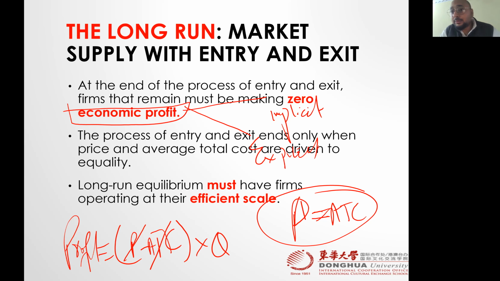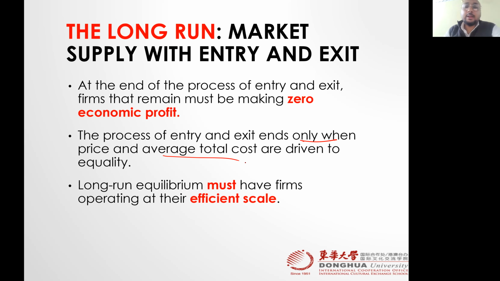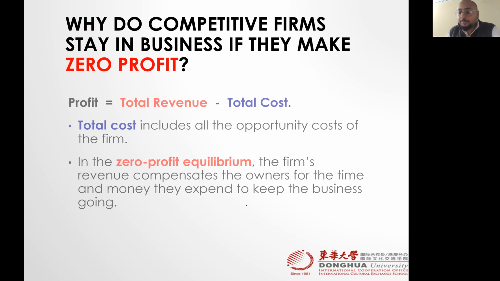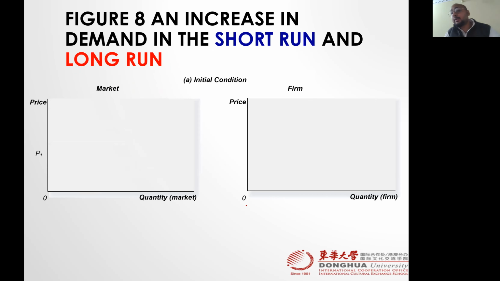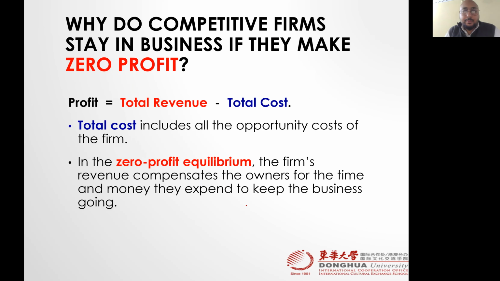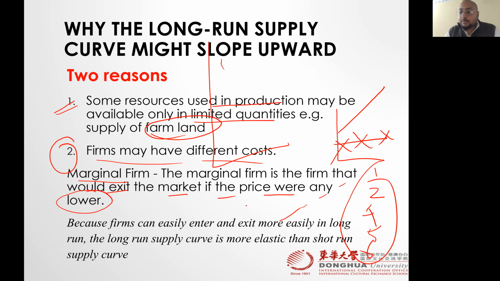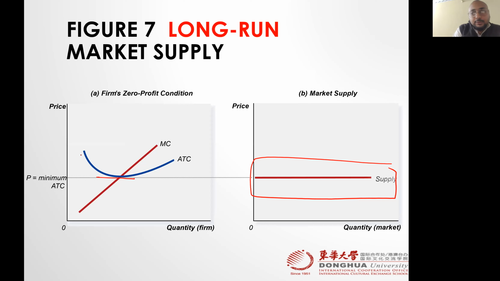All right. So the process of entry and exit ends only when price and average total cost are driven to equality. So long run equilibrium must have firms operating at efficient scale. If you see in the long run, price must be equal to average total cost.